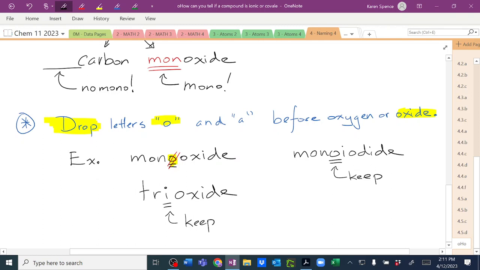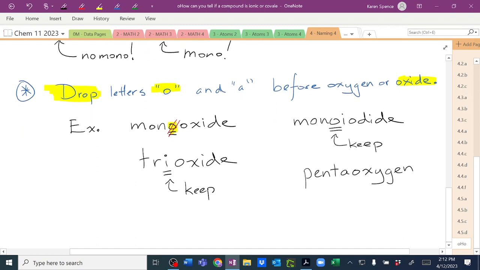So if I had to do pentaoxygen, not that I can think of a compound where that would actually exist, but let's pretend. Okay, pentaoxide, do I drop that A? Yes, I do. Okay, so drop O's and A's before oxygen or oxide.